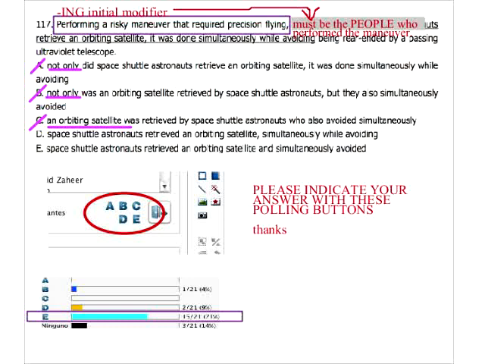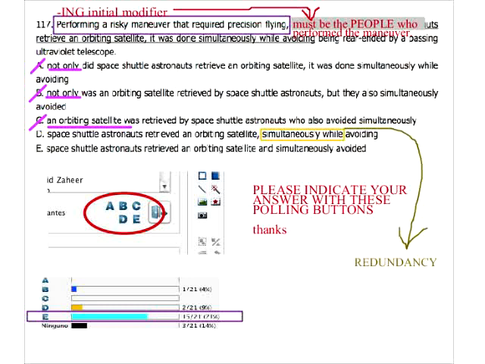Between D and E, long story short, there's a redundancy in choice D. You don't use both simultaneously and while, because you don't want two words that say the same thing. For instance, you wouldn't say annual salary per year.